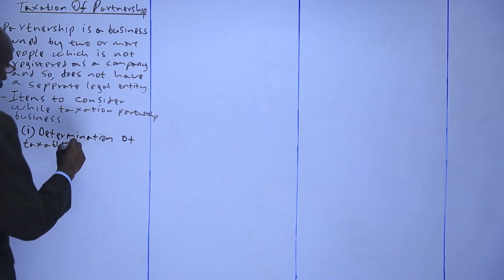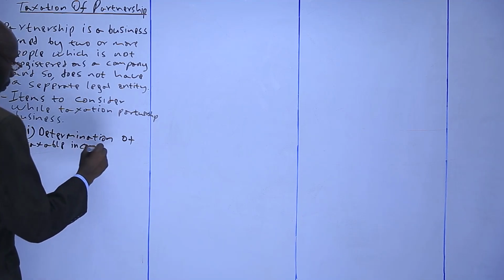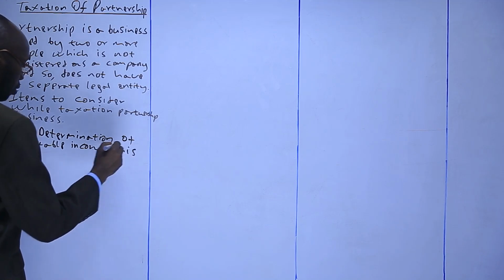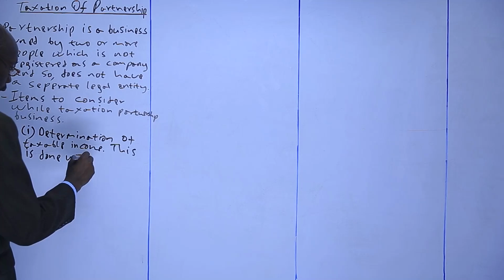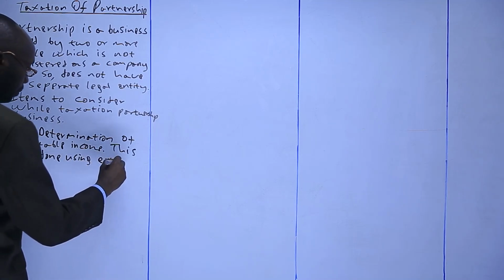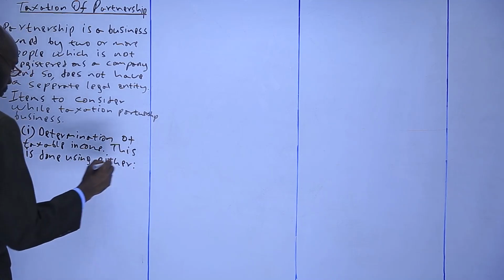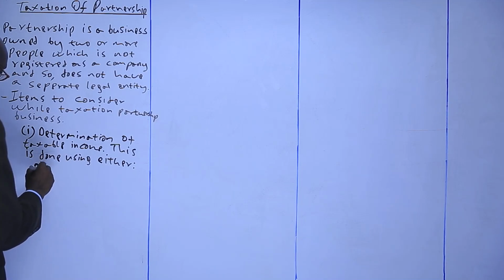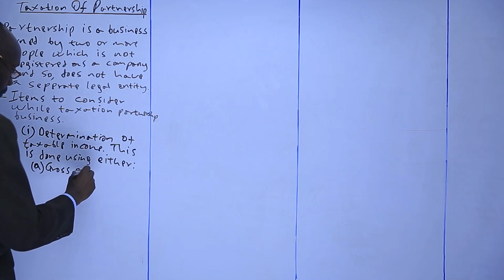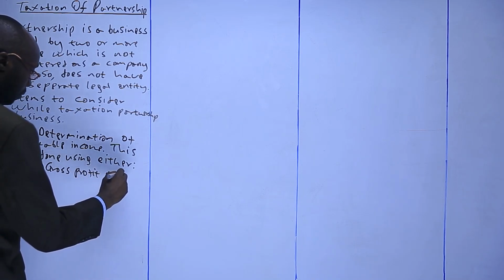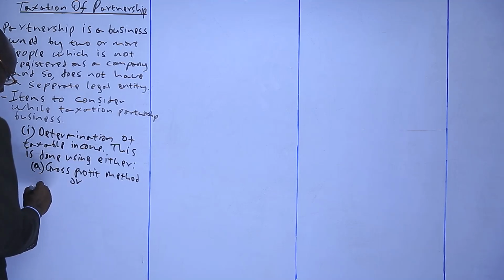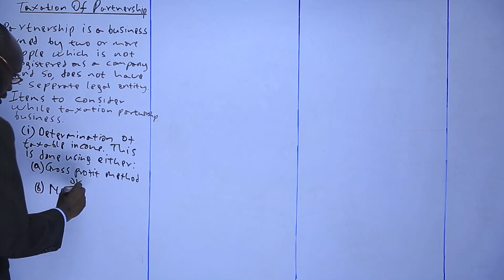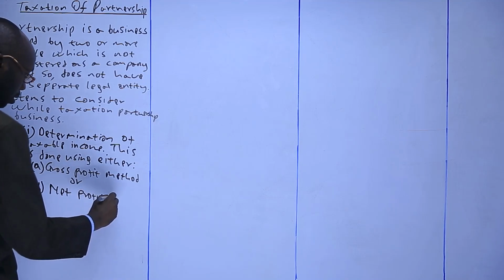Determination of taxable income is done using either a gross profit method or, number two, or B, net profit method.